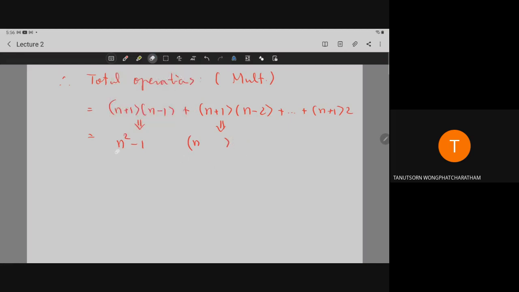Because this term is n square minus 1, I'm going to try to write this as n minus 1 square.